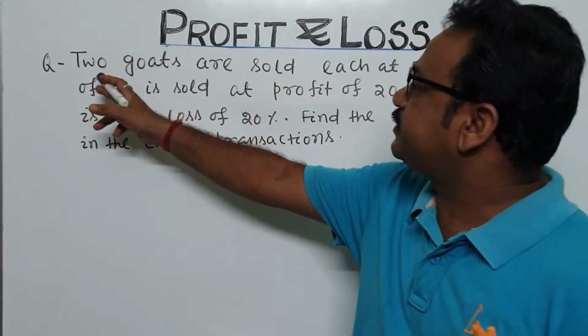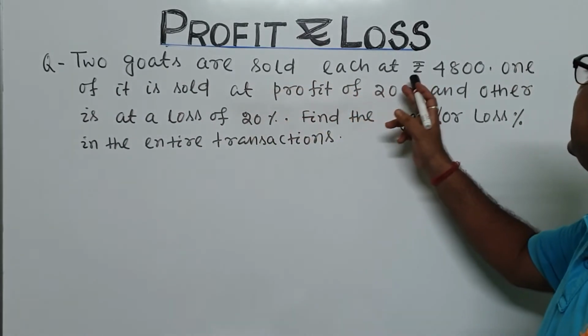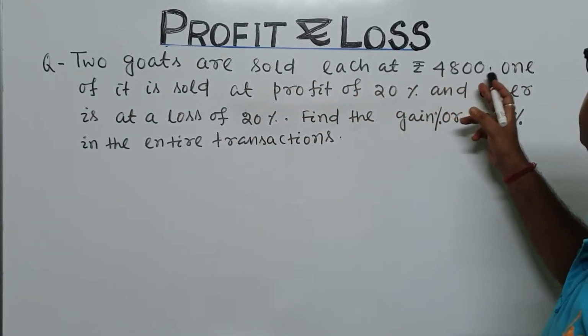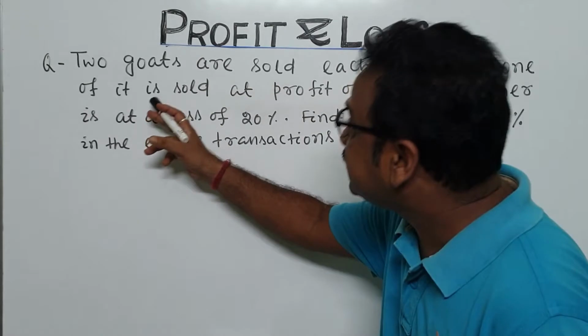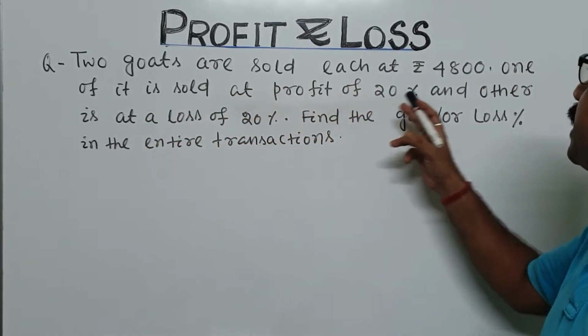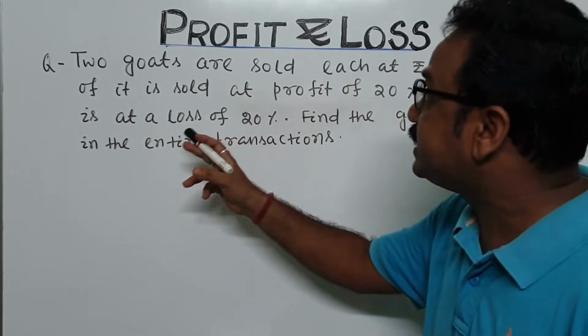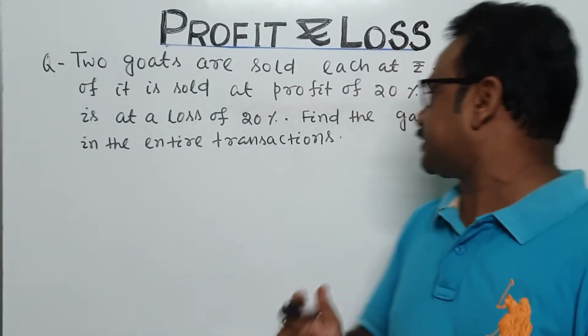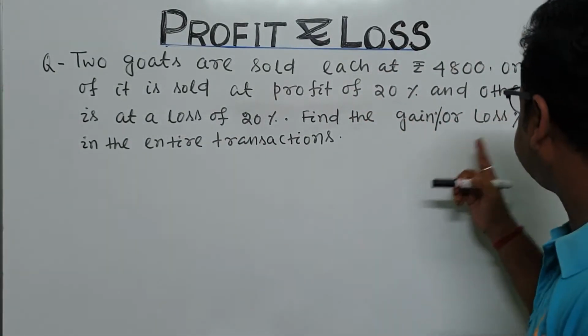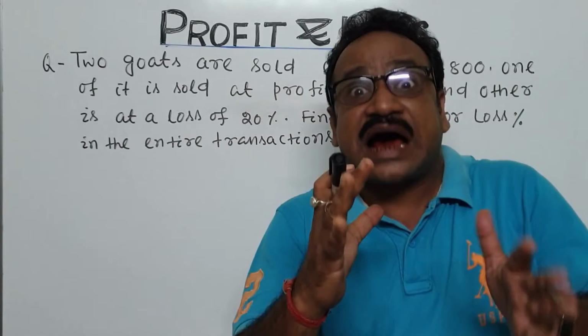So the question: 2 goats are sold each at rupees 4800. One of them is sold at a profit of 20% and the other at a loss of 20%. Then find the gain percent or loss percent in the entire transaction.